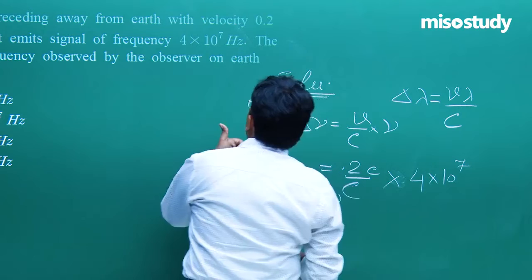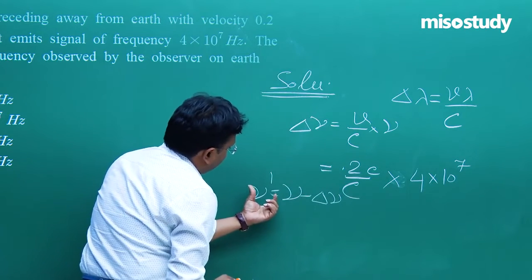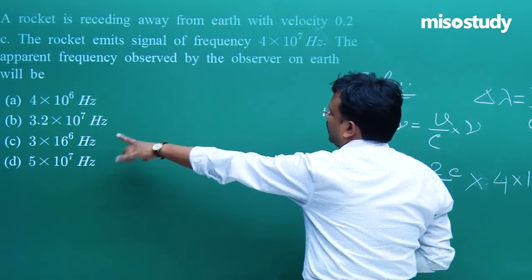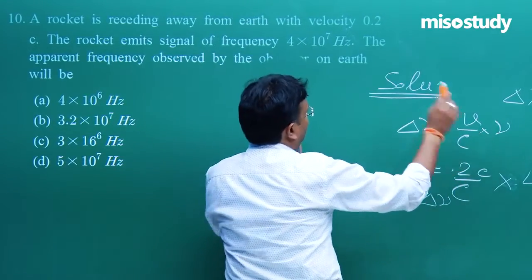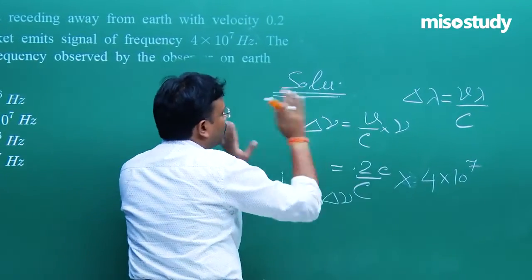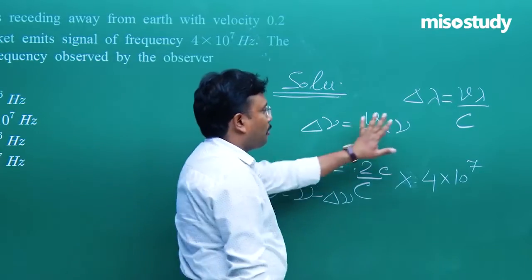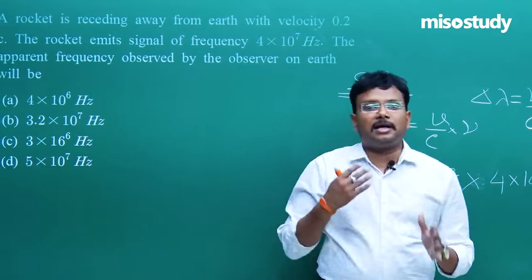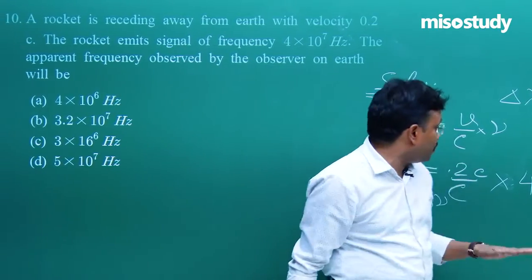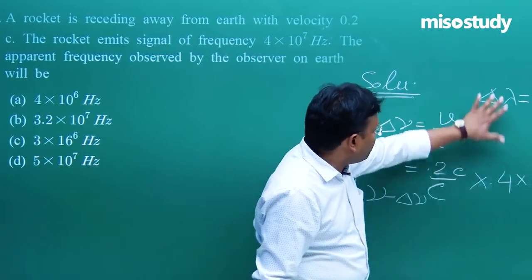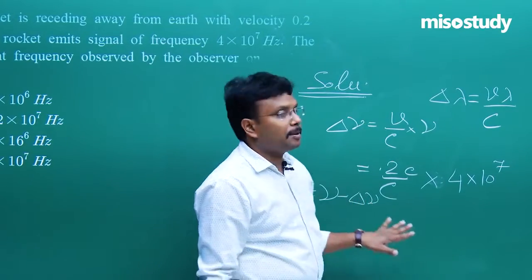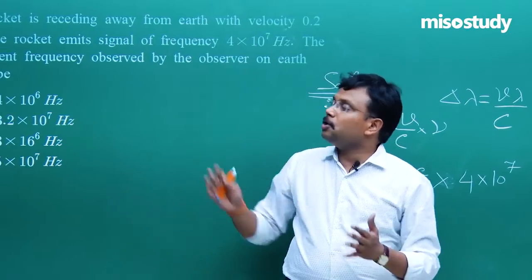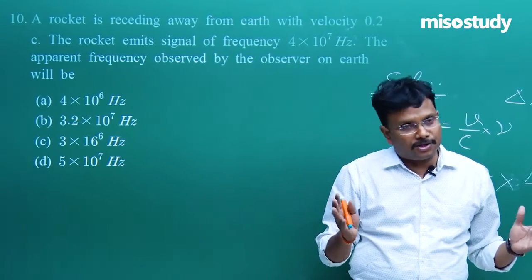Nu is given, so you can easily find delta nu, which is 3.2 into 10 to the power 7 Hertz. This formula is very properly explained in our routine theory lectures. That's why I always keep requesting all of you to keep revising these basic concepts which we are already providing you. Then only you are going to enjoy these questions.